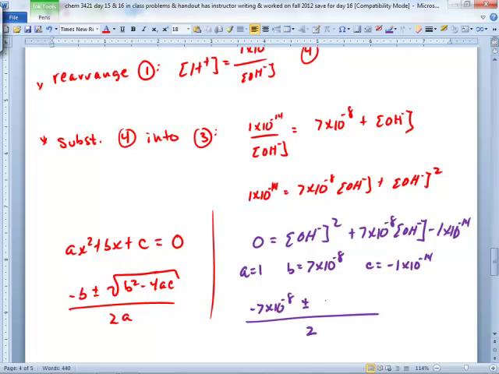Now you need to carry a bunch of digits when you do this kind of stuff. 2.119 or something. Okay. And since we're solving for a concentration, we can't get a negative concentration. So I wouldn't even mess with the 7 times 10 to the negative 8 minus that number, because you can't have negative concentrations.